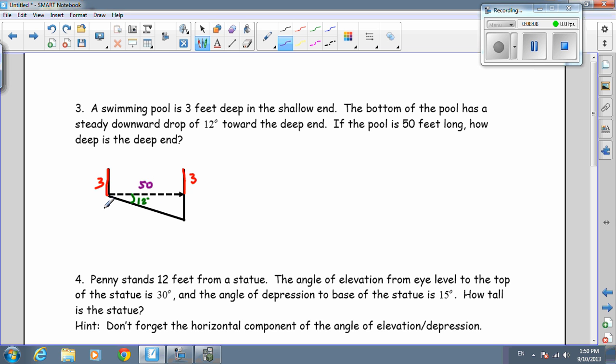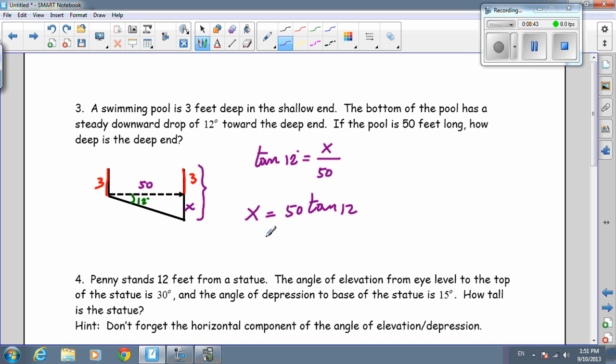What we're looking for here is how deep is the deep end. In other words, we want to find out first this x, then we will find the whole depth of the pool. Now let's go ahead and find x. For this triangle located below the pool, I will use once again my tangent and say tangent of 12 degrees is equal to opposite over adjacent. So x alone is equal to 50 times the tangent of 12 degrees.